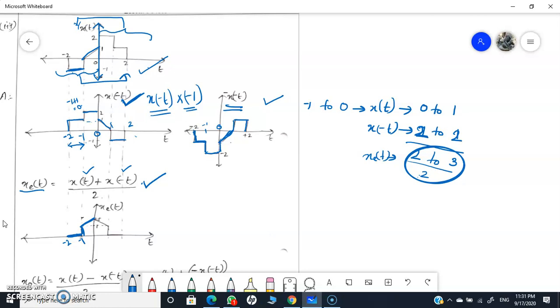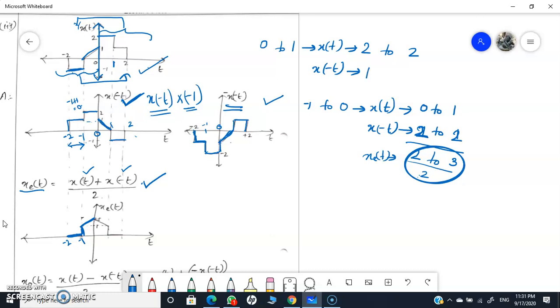Okay. Now I need to consider the next interval, that is from 0 to 1. From 0 to 1, my x of t is varying from 2 to 2. That means the amplitude is 2. Then from the same interval, I am having my x of minus t, that is varying from 1 to 0.